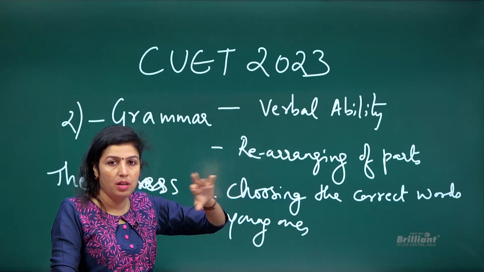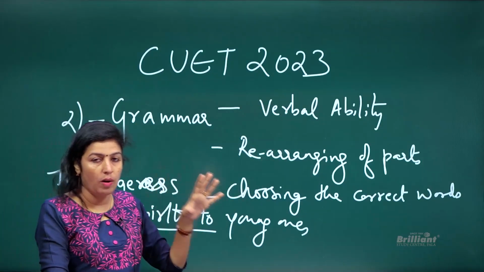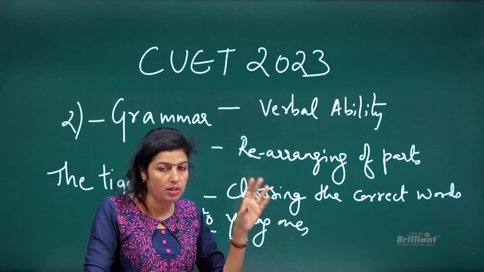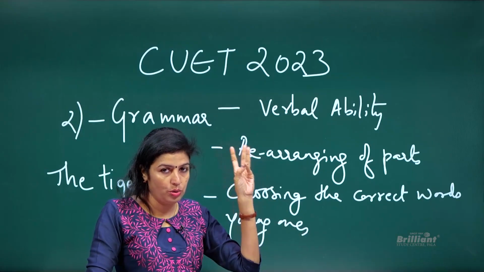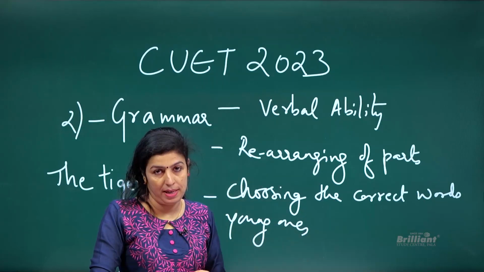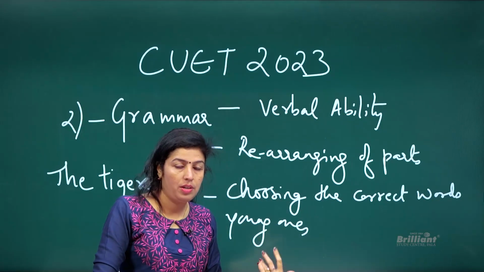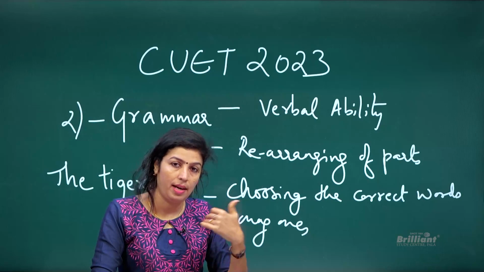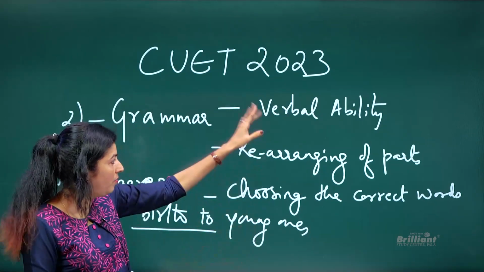Verbal ability means you need to solve the questions based on the rules on tenses, then rules on the use of prepositions, conjunctions, then changing active to passive, passive to active, then changing from direct to indirect, indirect to direct. All those questions come under verbal ability.